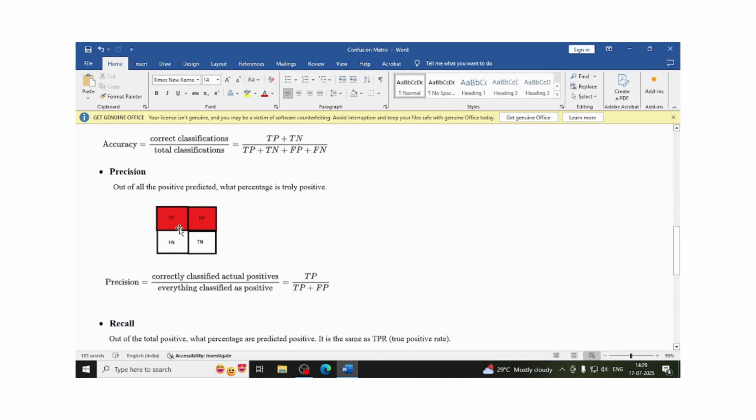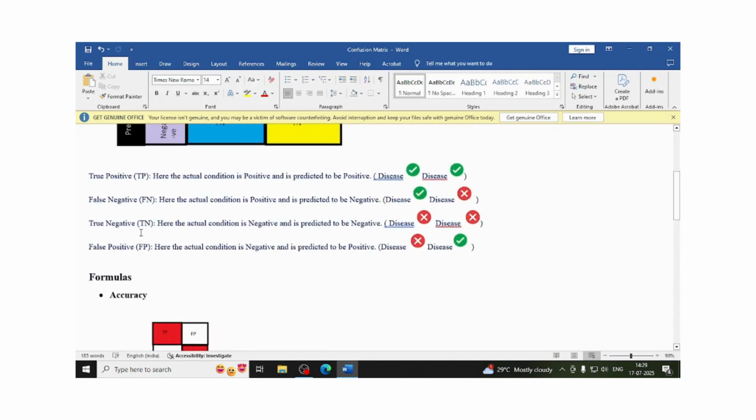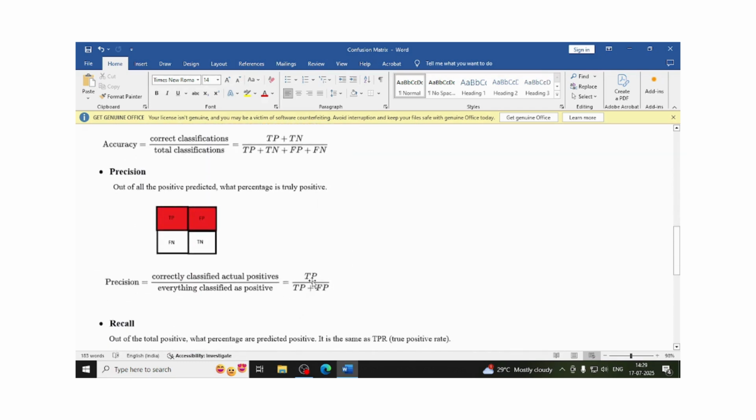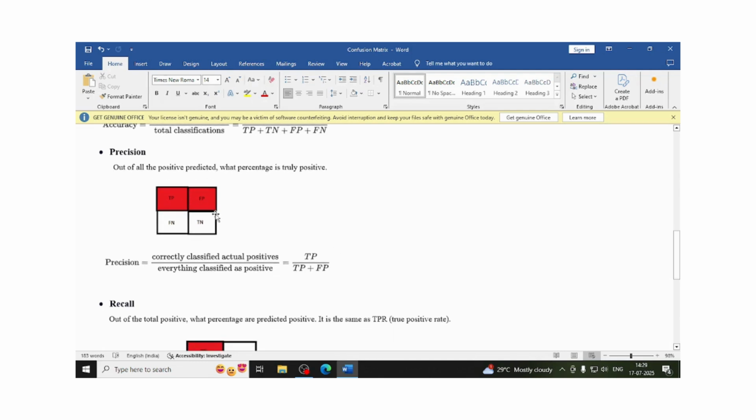In TP and FP, the predicted condition is positive. That's why the formula is like that: it depends only on the predicted values. So the formula is TP divided by TP plus FP. Focus on that highlighted part, which is only for the predicted conditions.